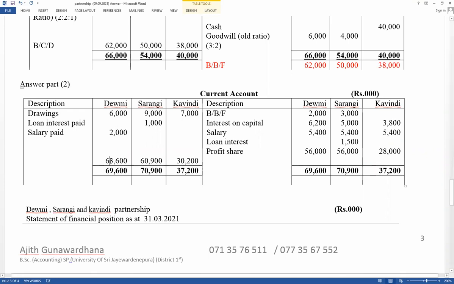Therefore, closing balance equals 61,600. All the paid amounts for partners should be recorded on the debit side of the current accounts. That value, balance brought forward, credit side also 61,600, as well as 60,900 and 30,200.